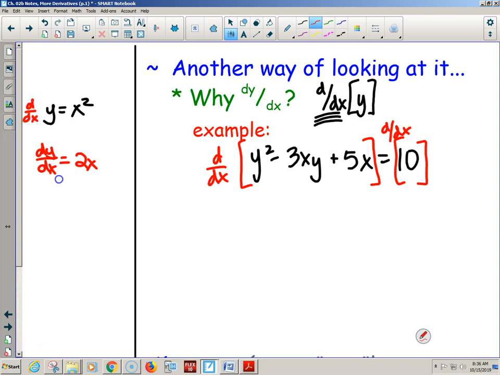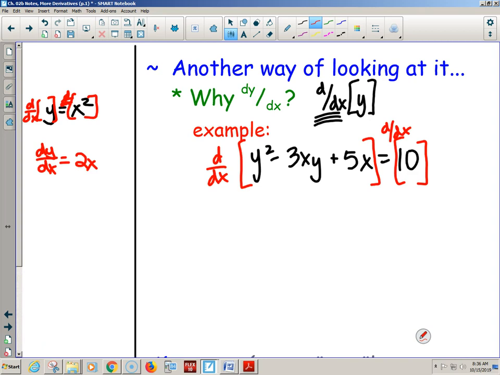You were taking a derivative of y, and you were taking a derivative of x squared. Derivative of y is dy dx. Derivative of x squared is 2x. You were technically always taking derivatives of both sides. So why not just take the derivatives of both sides right now?